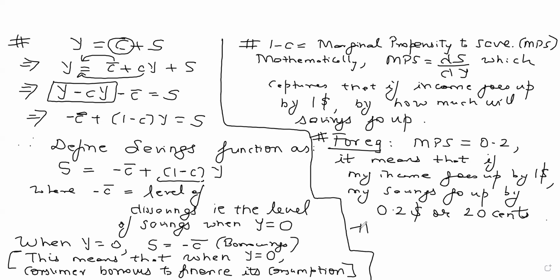And now the next important point: just like MPC lies between 0 and 1, MPS also lies between 0 and 1. MPS cannot exceed 1 for the same reason that MPC cannot exceed 1. Why can't MPS exceed 1?